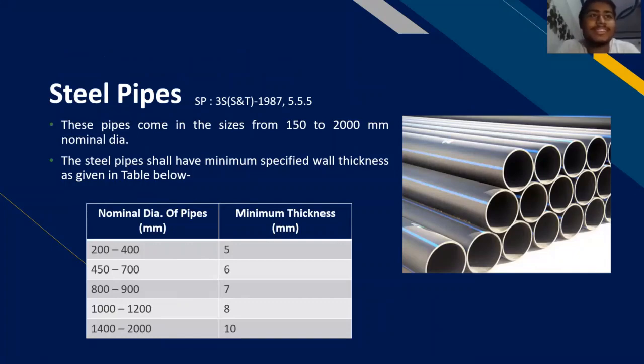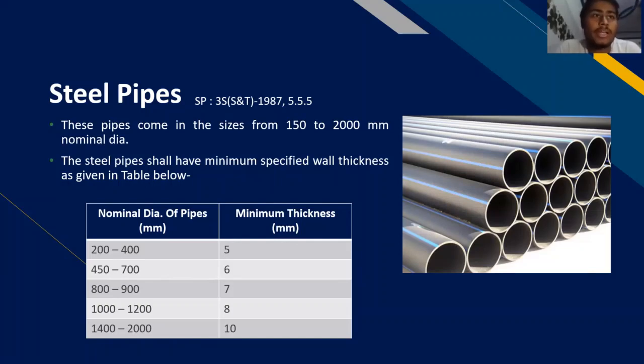So thank you, Ritik. Coming to the steel pipes, these pipes come in sizes which range from 150 to 2000 mm dia, and these pipes have specified wall thicknesses as given in the table below.